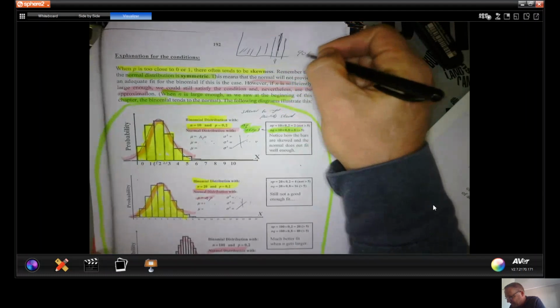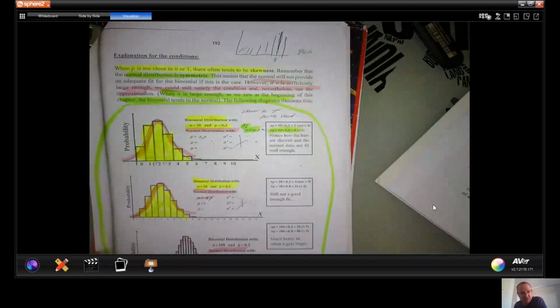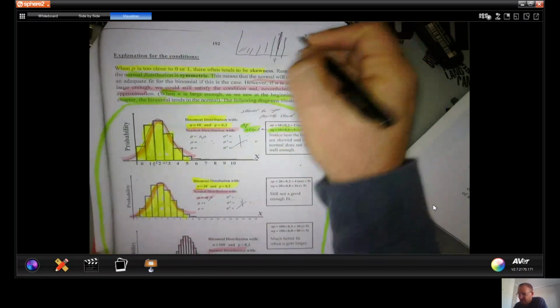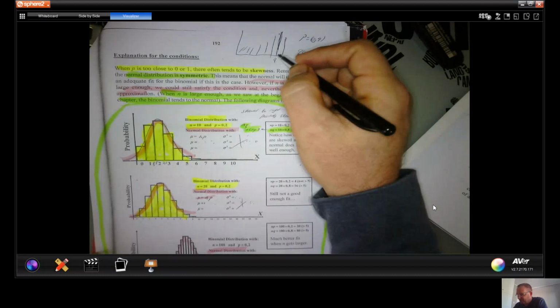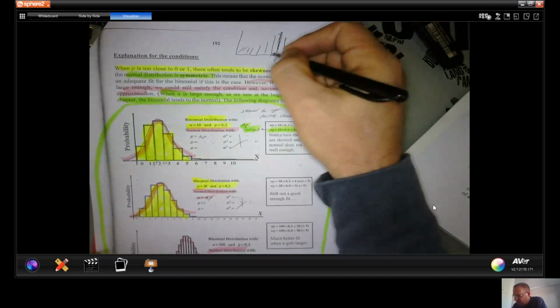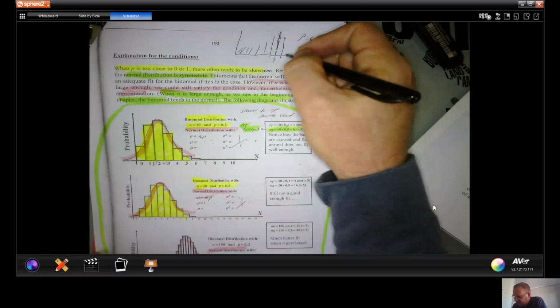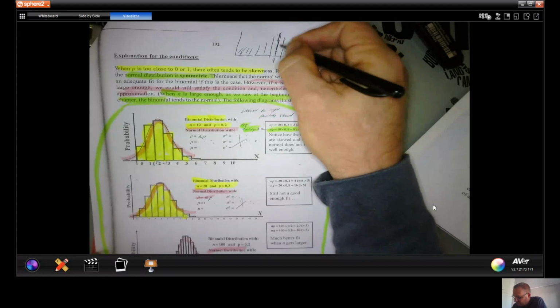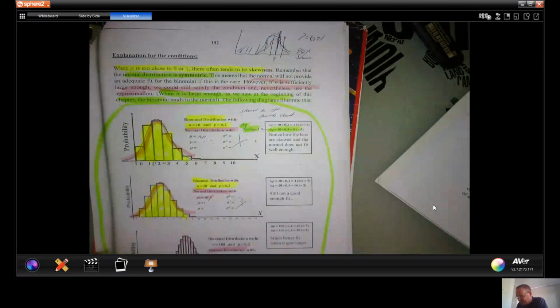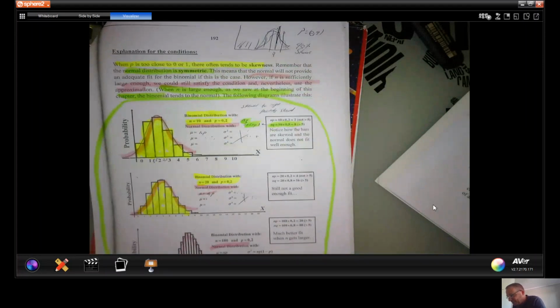If p was equal to 0.9, that's what your distribution would be like. It would be skewed to the left, and you couldn't really fit a normal curve on that because it's unbalanced. A normal curve would go here, and it doesn't approximate that over there.